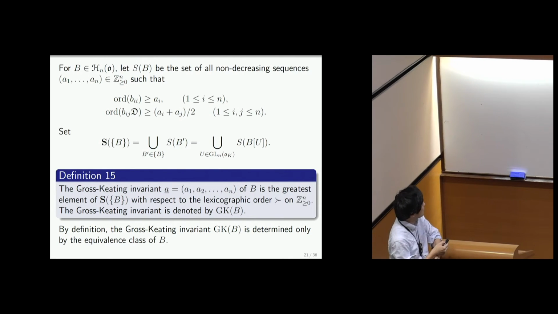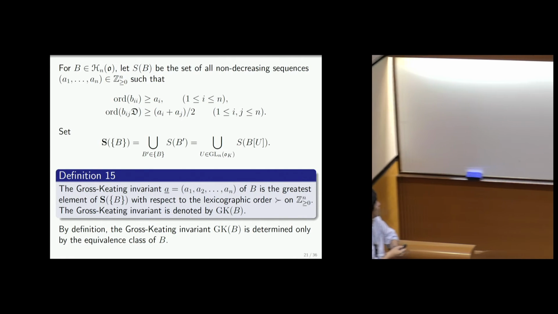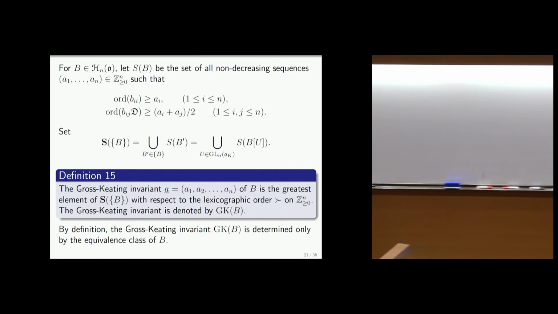And S of the equivalence class of B is the union of S(B'), where B' extends over the equivalence class of B. And this is again a finite set. The Gross-Keating invariant of B is the greatest element of S of the equivalence class of B. And by definition, the Gross-Keating invariant is determined by the equivalence class of B.